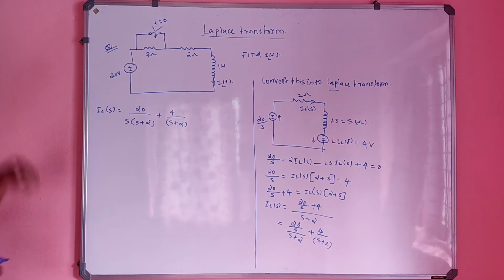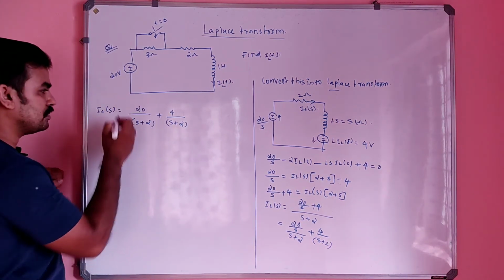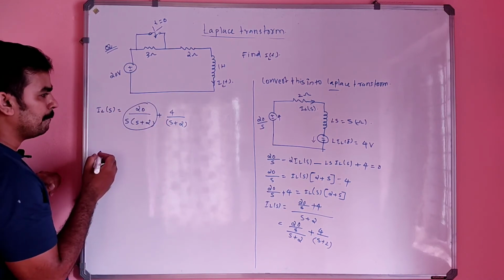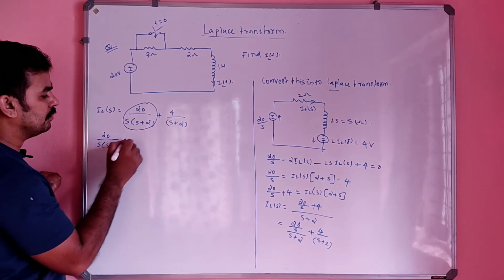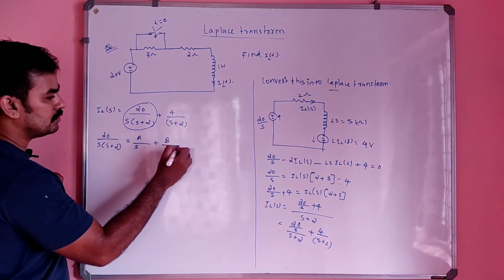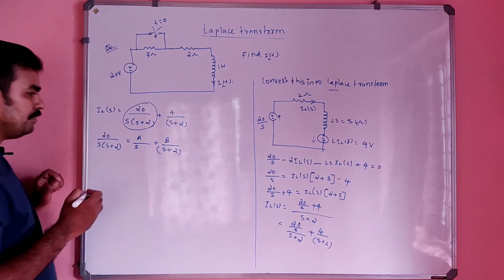You have to convert this first into partial fractions, so that it becomes A by S plus B by S plus 2. What is the value of A here?